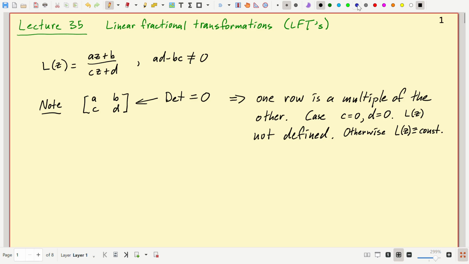I should point out that the book calls linear fractional transformations, I call them LFTs, Möbius transformations. Not all books do that.